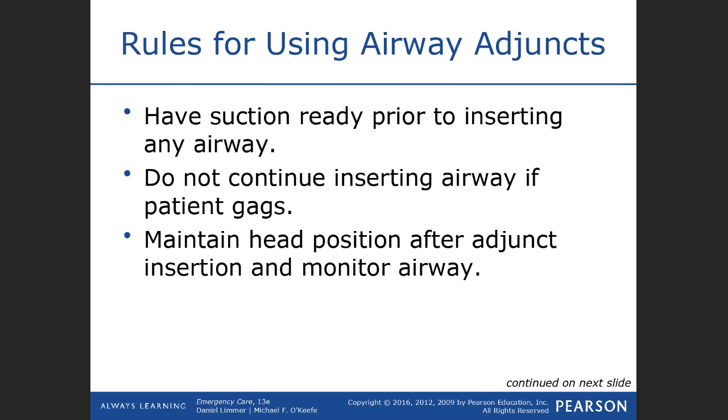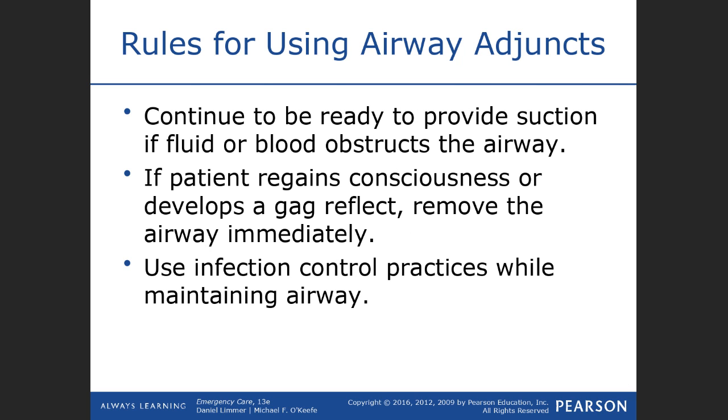Maintain head position after adjunct insertion. Monitor airway. Continue to be ready to provide suction if fluid or blood obstructs the airway. If patient regains consciousness or develops a gag reflex, remove the airway immediately.